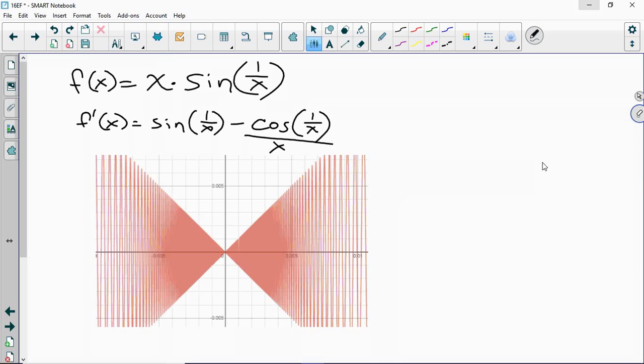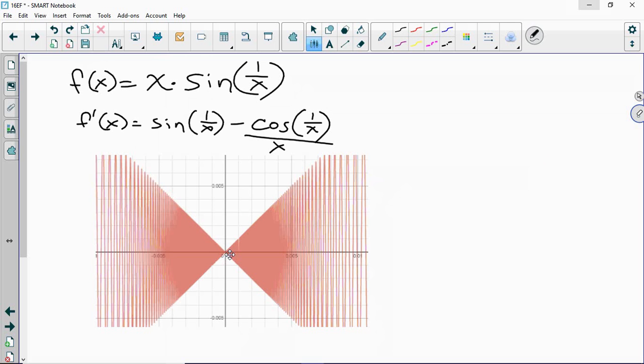But if you want a really weird looking one, we've got x times sine of 1 over x, of which I've copied a graph from Desmos down below. So visually, you can kind of see that there's not going to be a particular tangent line slope at x equals 0 because the function is oscillating faster and faster as we get in here towards 0.